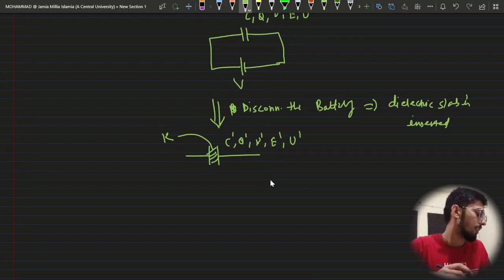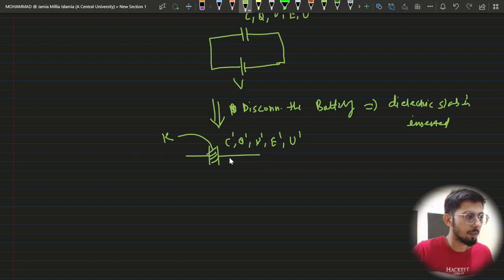Now what can you say about the value of capacitance? Capacitance is anyway going to increase, because as soon as you put in some K, its value increases no matter whether you have a battery connected to it or not.